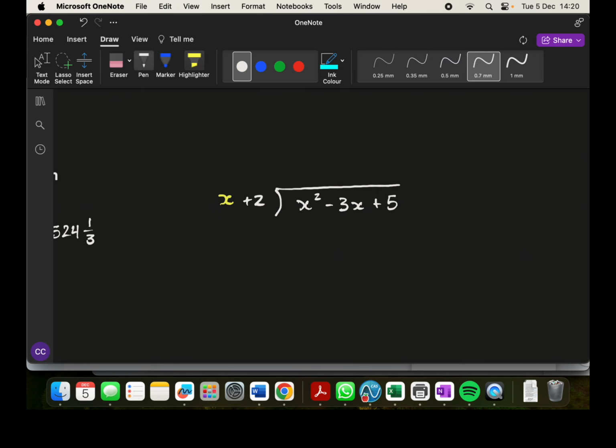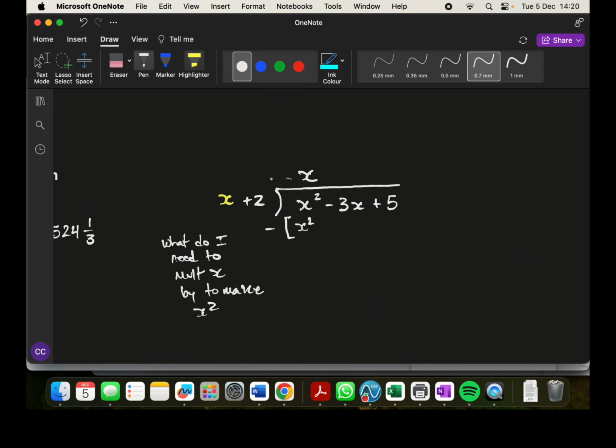So what do I have to multiply x by to make x squared? Well, I need to multiply it by x. And if I do that, I would be left with x squared.